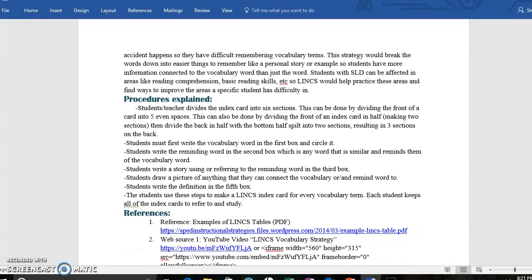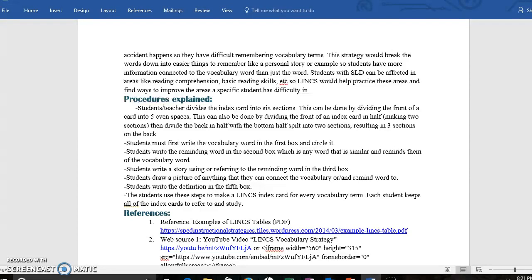This strategy would break the words down into easier things to remember, like a personal story or an example. So this would cause students to have more information connected to the vocabulary word instead of just the word.